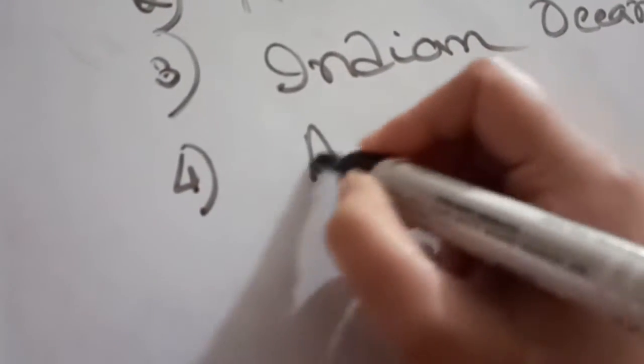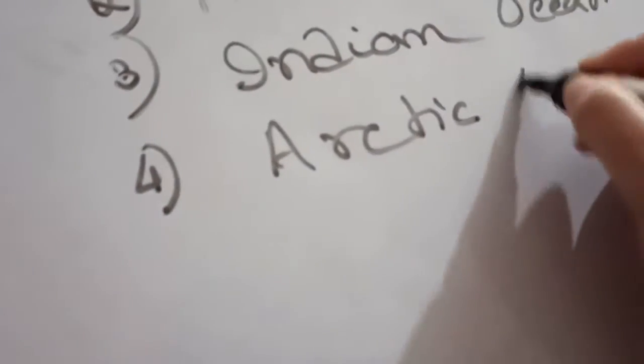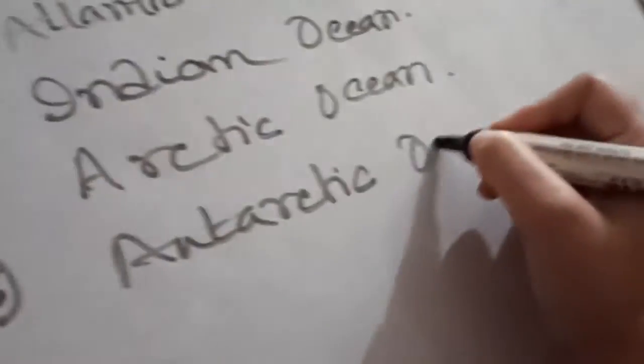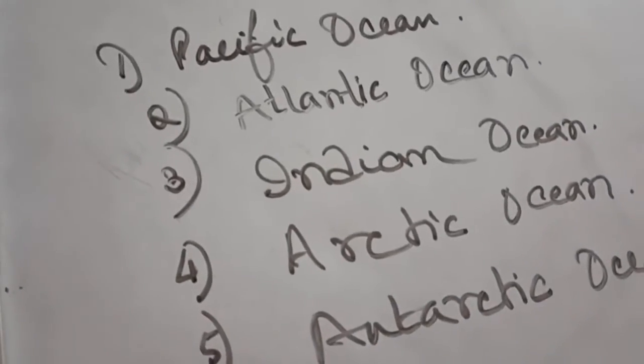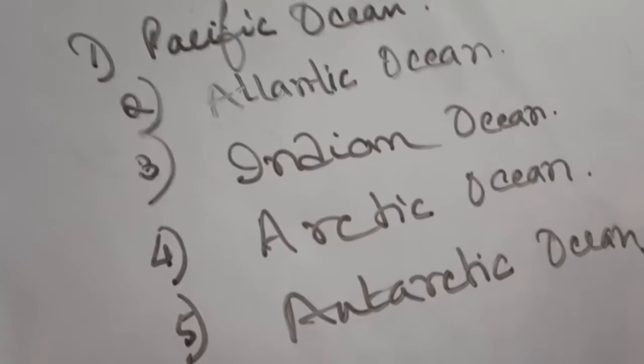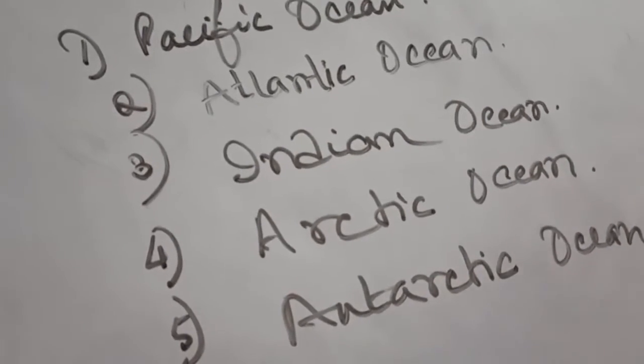Next is the Arctic Ocean, and number 5 is the Antarctic Ocean. So these 5 are the major, the most important oceans that are present on the Earth's surface.